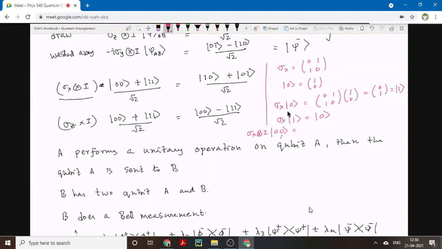The second qubit will not change. The first qubit will become 1, giving 1 0. Because sigma x is acting only on the first qubit. Similarly, sigma x cross I acting on 11 will become 01, because the first qubit will change, and on the second qubit only identity is acting, so nothing will happen to it. So 00 plus 11 will become 10 plus 01.